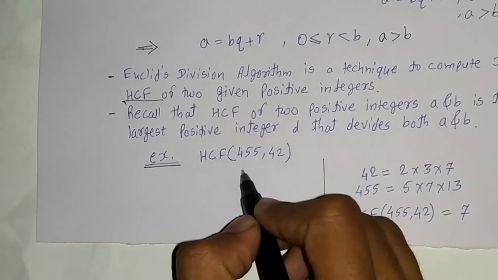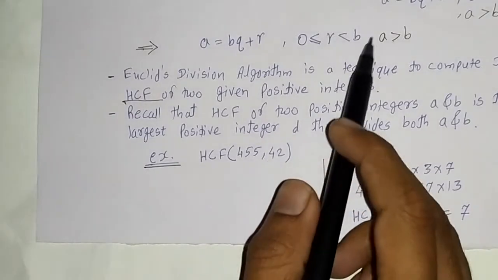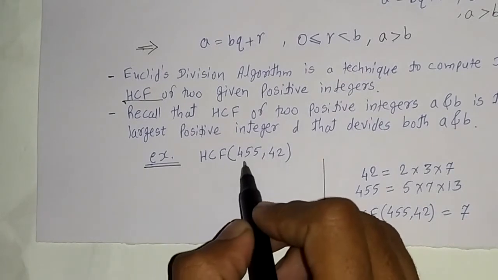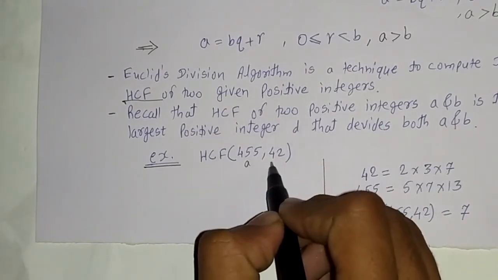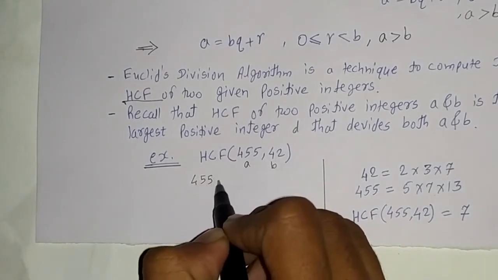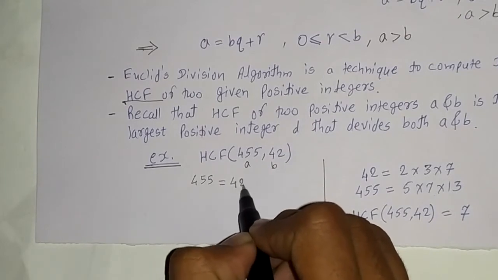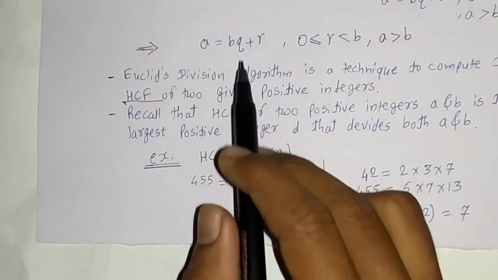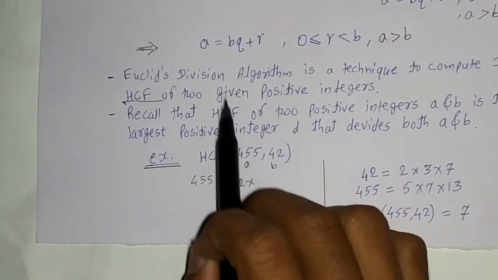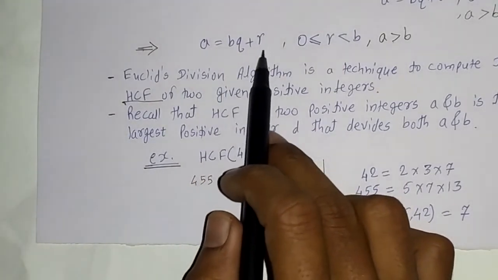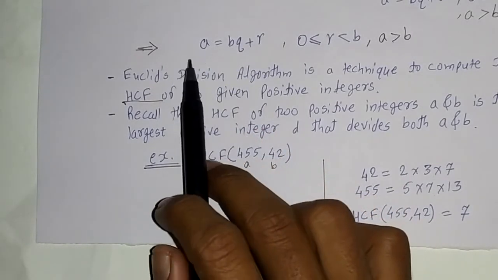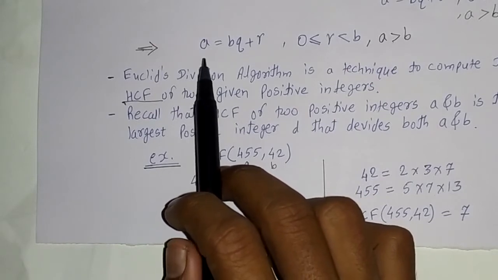So what is the A that should be greater than B? 455 is greater than 42. So this will be our A, this will be our B. So 455 equal to 42 into Q. So how to apply this theorem? A equal to BQ plus R. This is nothing but the generalized equation that we have seen in our previous worksheet.